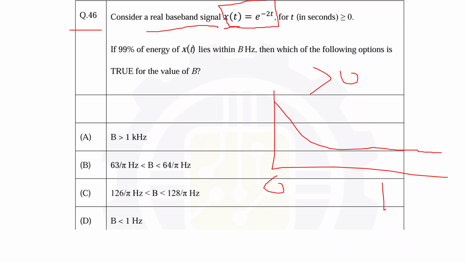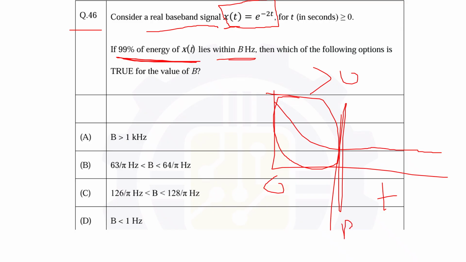Now, if 99% of the energy of x(t) lies within B hertz, suppose 99% of the energy lies here only, within this B hertz, right?